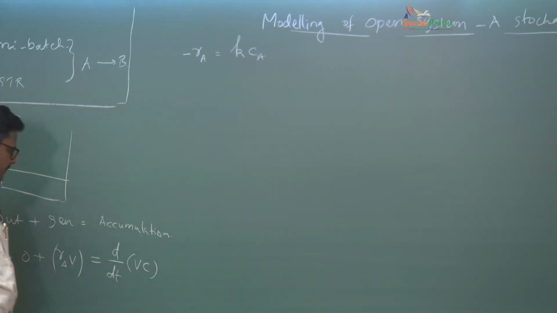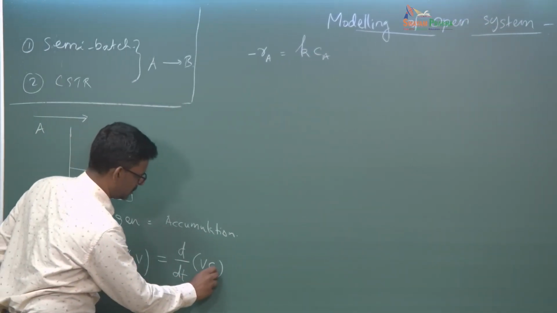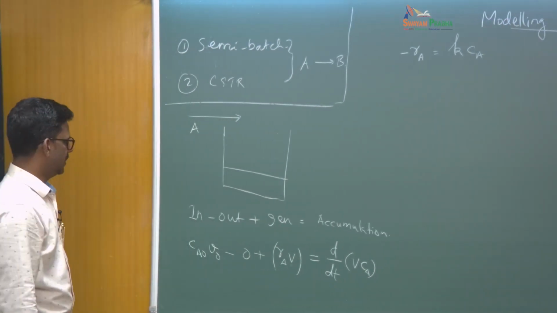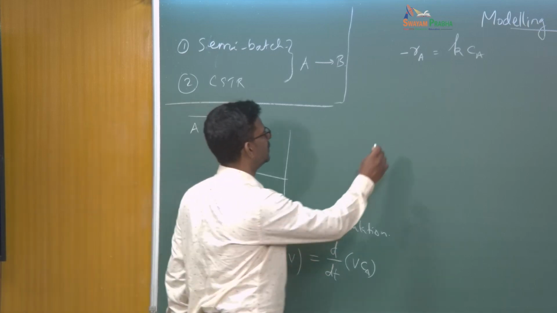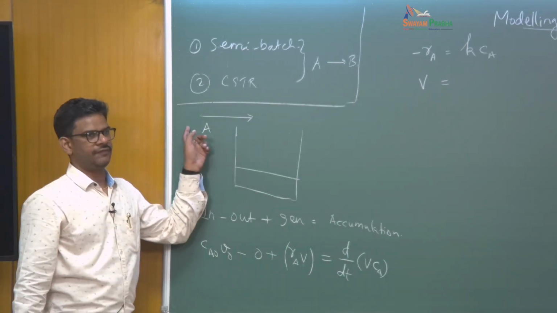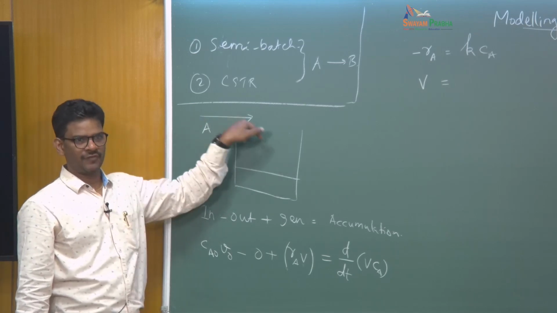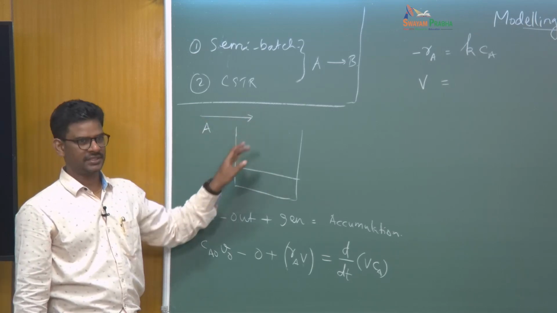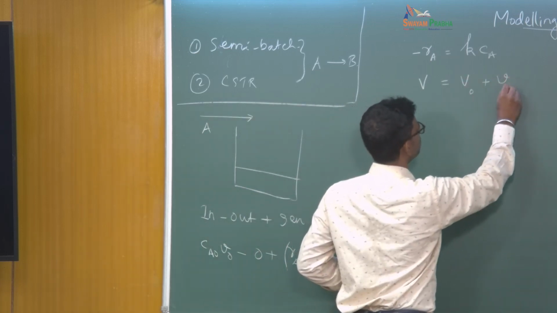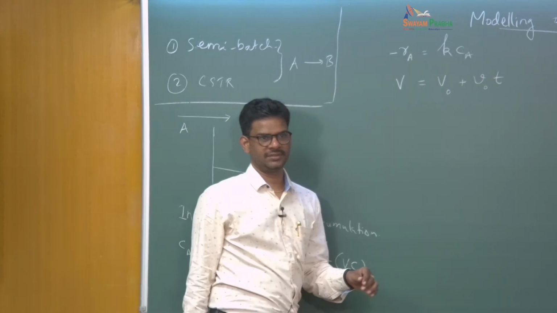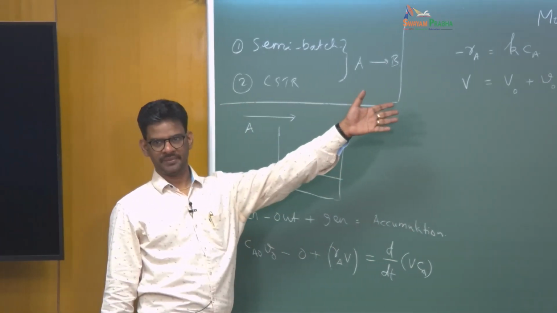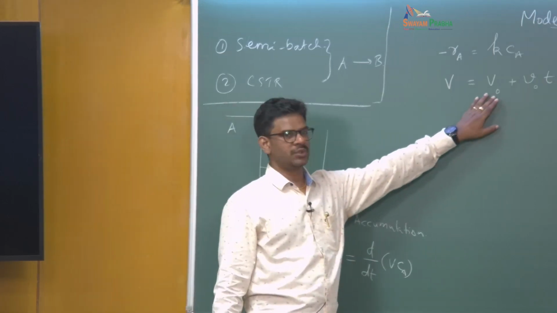This is first order irreversible rate kinetics, and then we also want V. If the incoming volumetric flow rate is steady and constant, then we can write V is equal to some initial volume plus V naught times t. So the volume of the reacting mixture is going to increase linearly with respect to time. This initial volume may be 0 or some finite value.